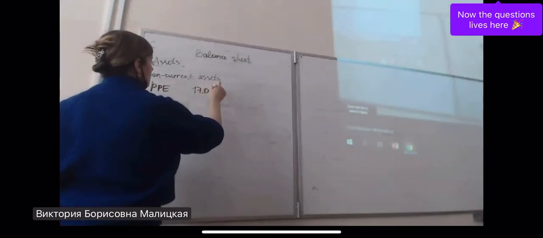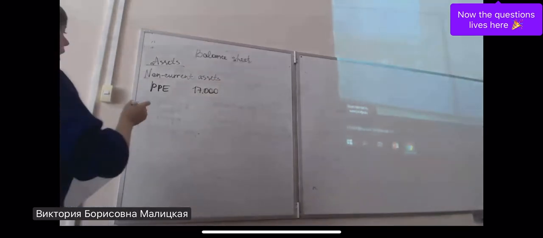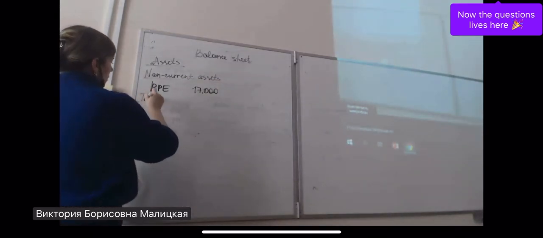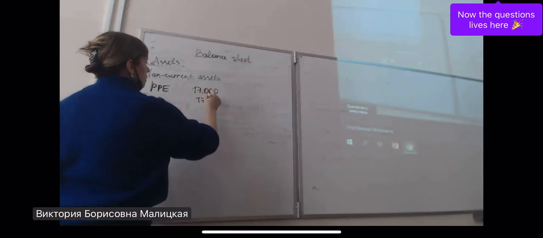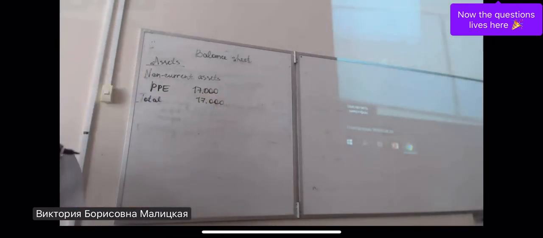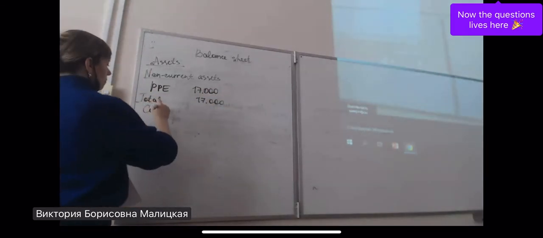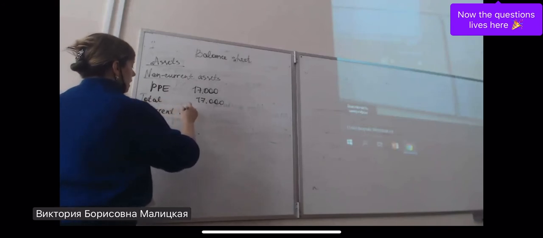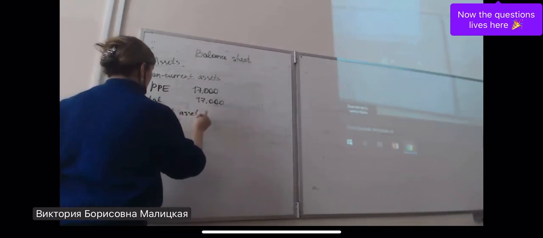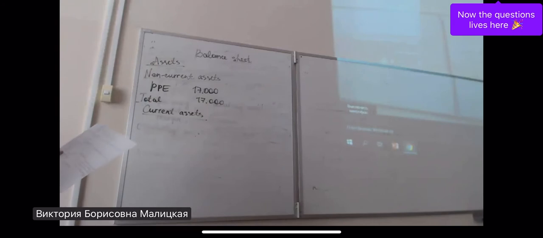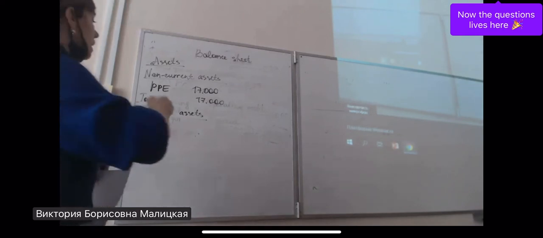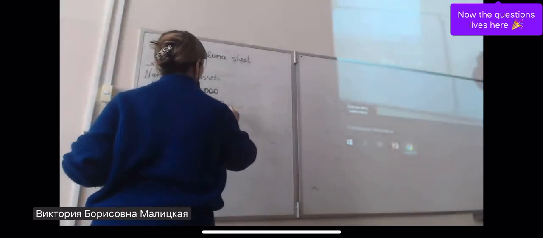How much are PP&E? 17,000, right? Then we can write down total: 17,000. Then we have current assets. Do we know how much just the details of our current assets? We have just current assets, 51,000.